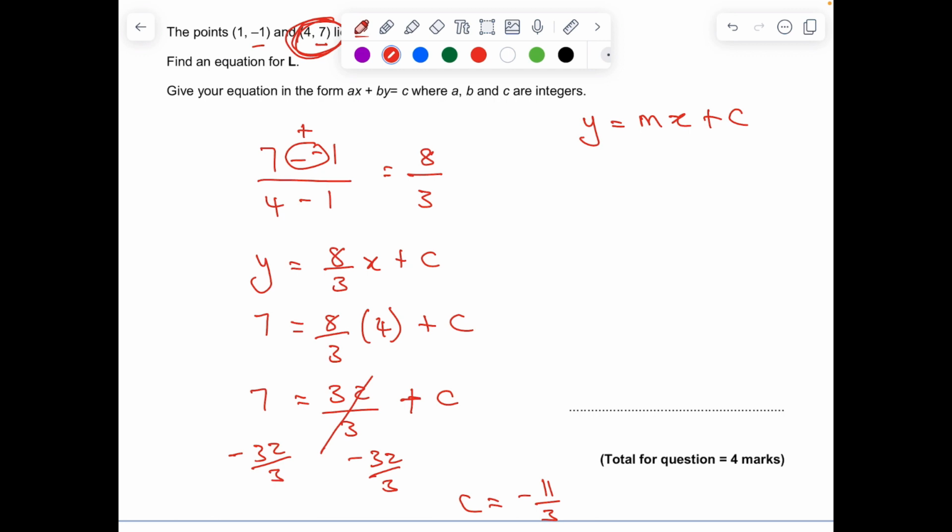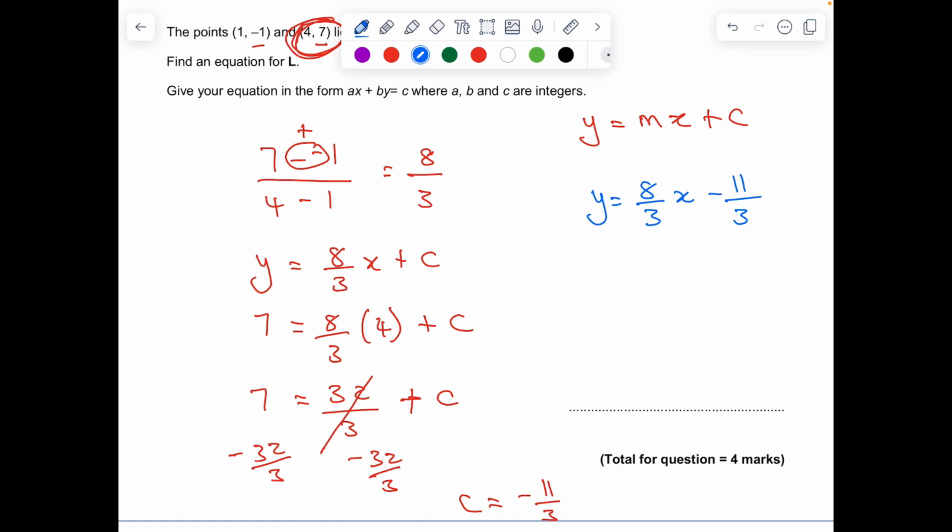So at the moment, your equation looks like this. y equals 8 over 3 x minus 11 over 3. And up until this point, you will have 3 out of the 4 marks. So you have done most of the hard work. So if you got up to that point, you've got the 3 marks.